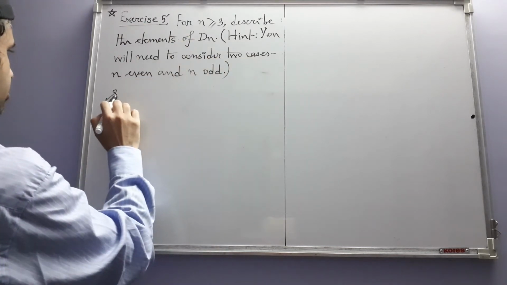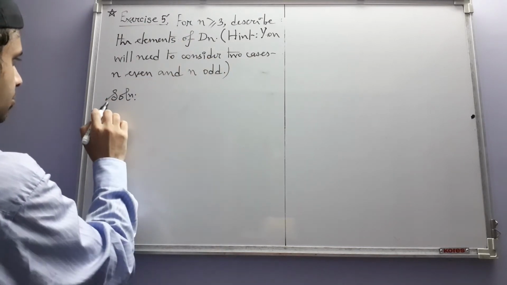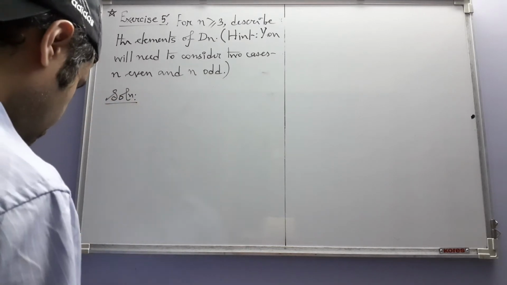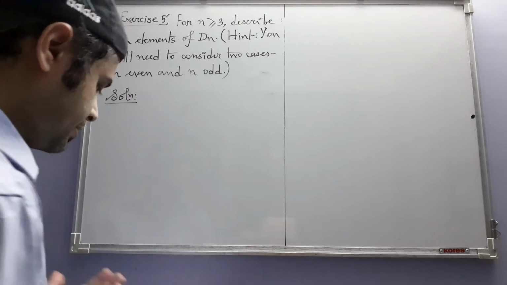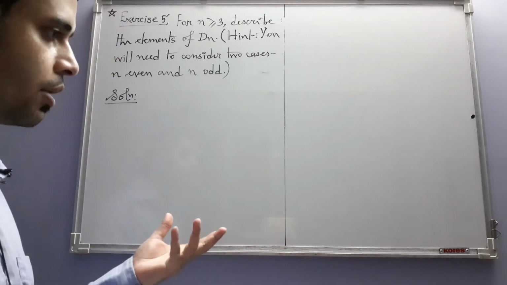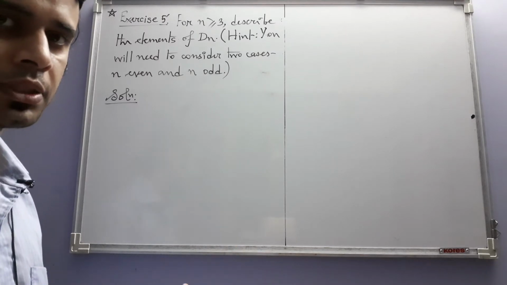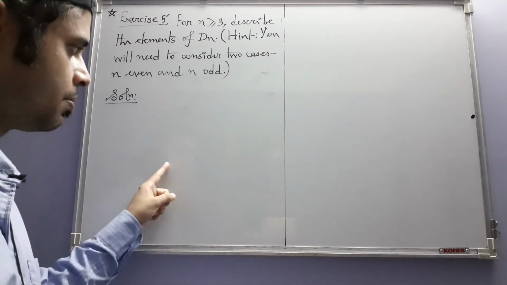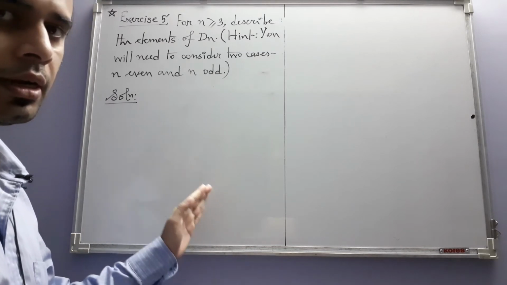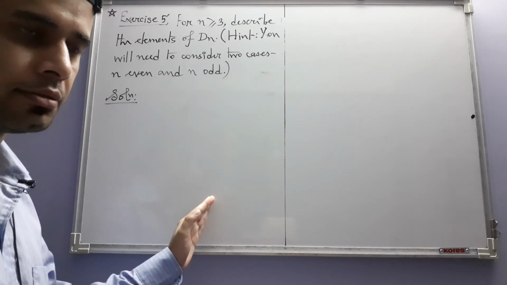And the solution goes like this. We can guess about the solution or about the general case from the few examples we have seen. We have so far seen D4, we have seen D3, and we have seen D5.